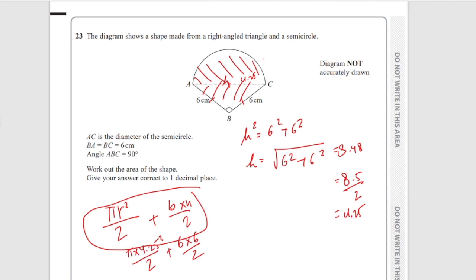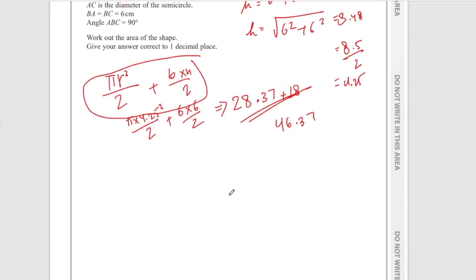This part will give us 28.37, and 6 times 6 is 36. 36 divided by 2 is 18. Together, when we add it, it's 46.37. So the area of the whole shape is 46.37 centimeter square.